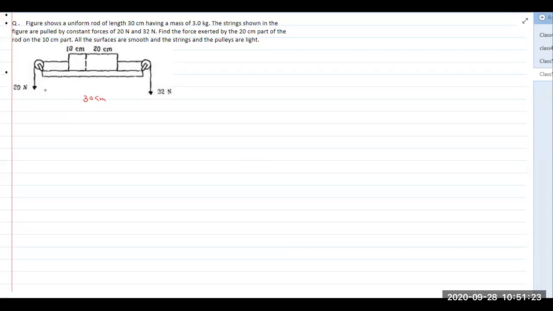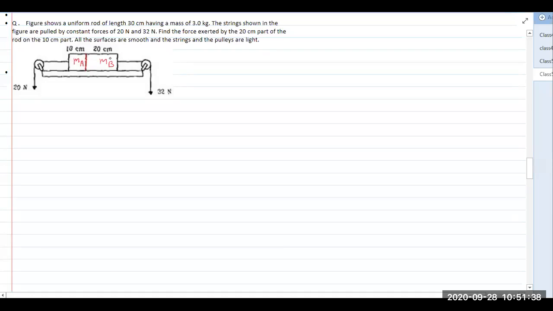So the first thing we are going to do here is, since this rod is given uniform, we will write the mass of these two parts. Suppose the mass of this part is MA and the mass of this part is MB.